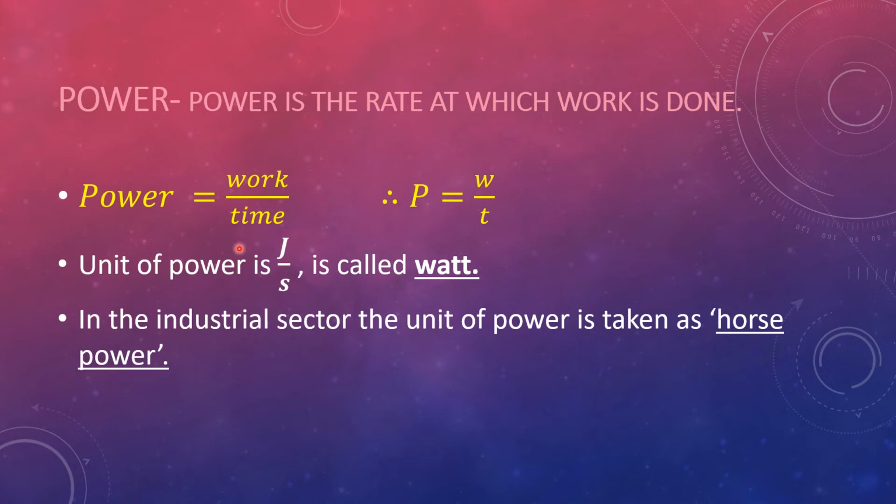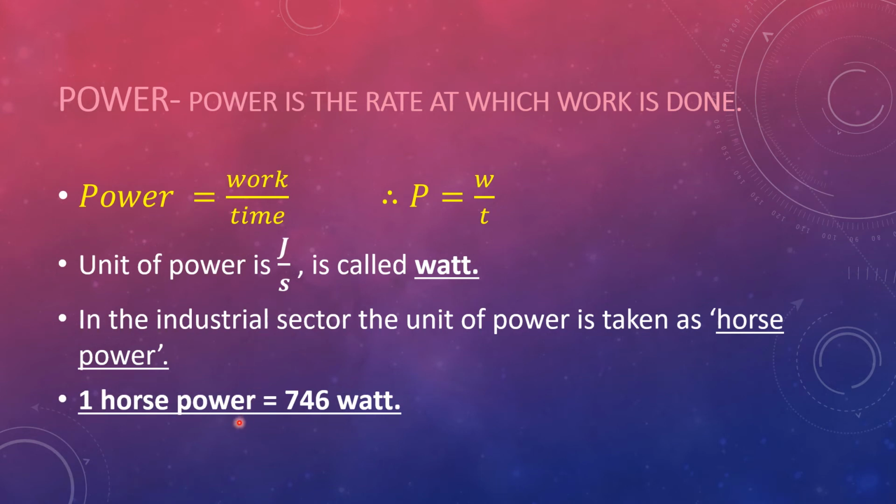Horsepower is also a unit of power, but this unit is used in industrial sectors. In the industrial sector, the unit of power is taken as horsepower. Then, the value of horsepower in terms of watt: 1 horsepower is equal to 746 watt.